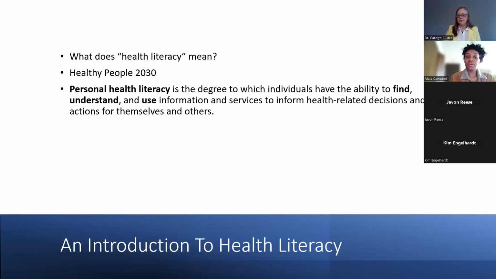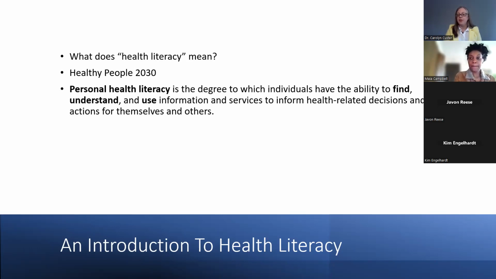Dr. Custer, do you want to go over Healthy People 2030? Sure. So every 10 years, the United States, the CDC puts out the Healthy People report. And in 2010 and 2020, they had added personal health literacy. So improving health literacy of our consumers, right? So what is it? It's the degree that we have to find, use, and understand health information.